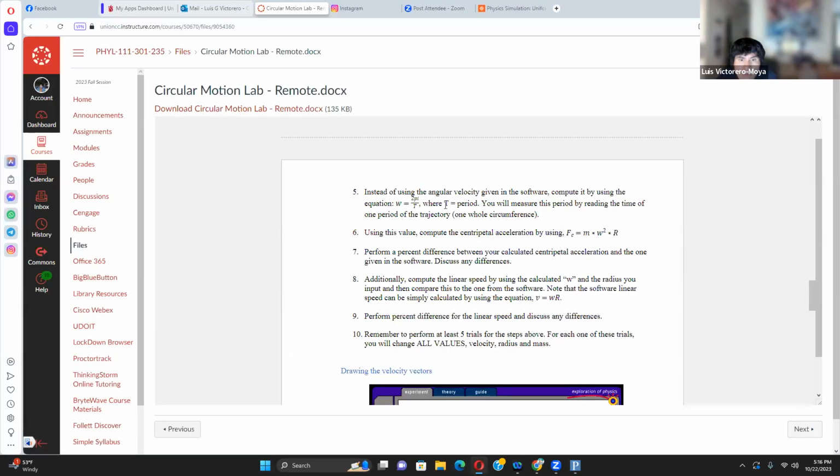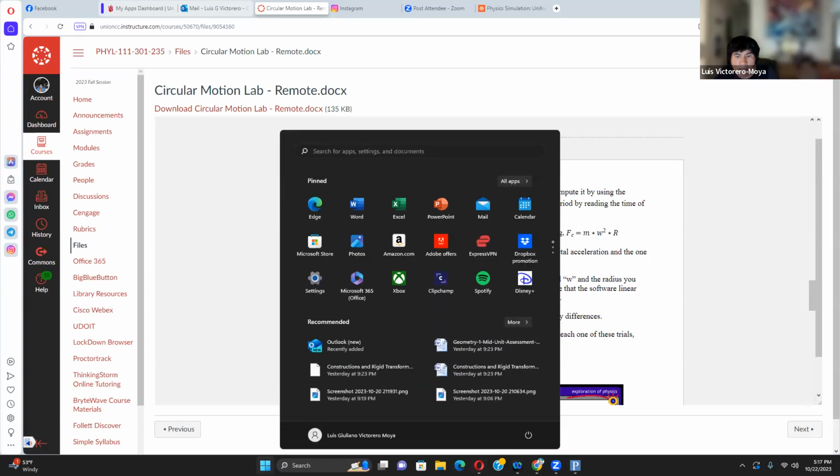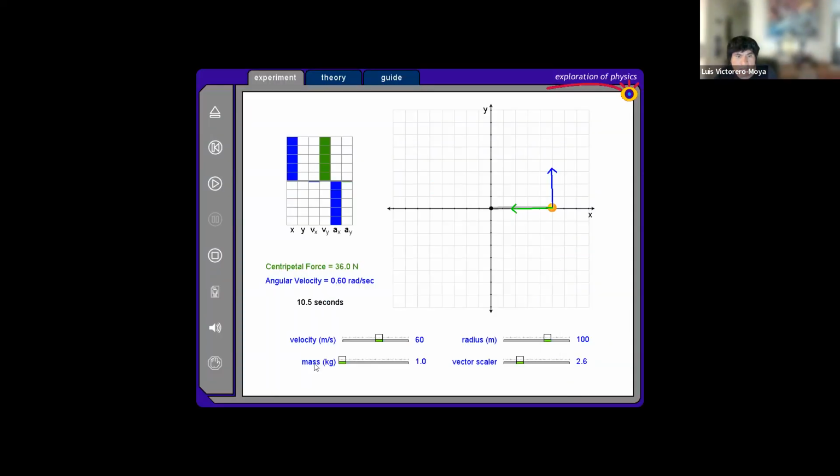So that will be your value of period. 2 pi divided by period is W. With W, you can find the centripetal force, mw squared times r. M and r are given in here, mass and radius. So there you are. You basically can check your calculated value with the value given here, right?